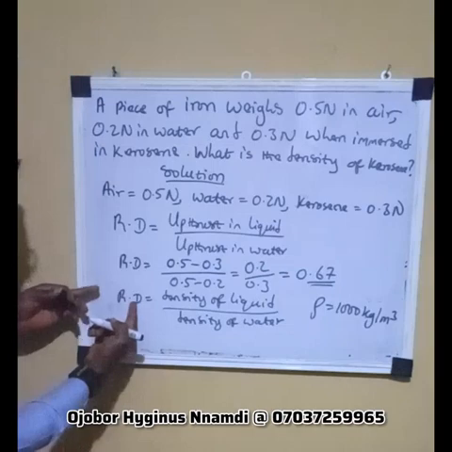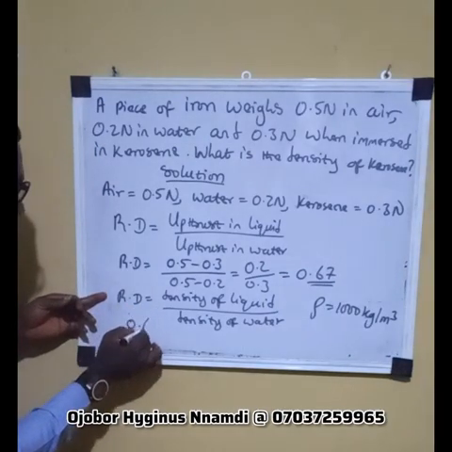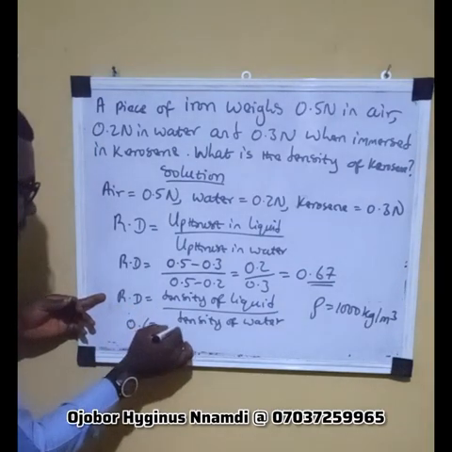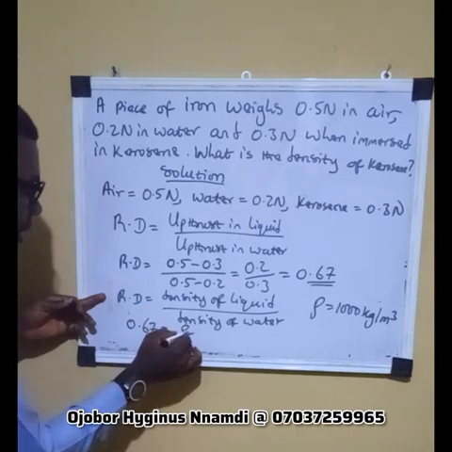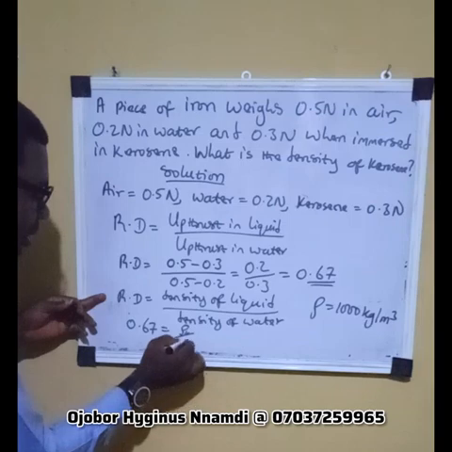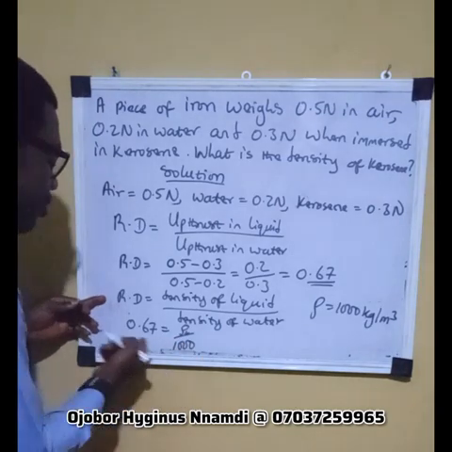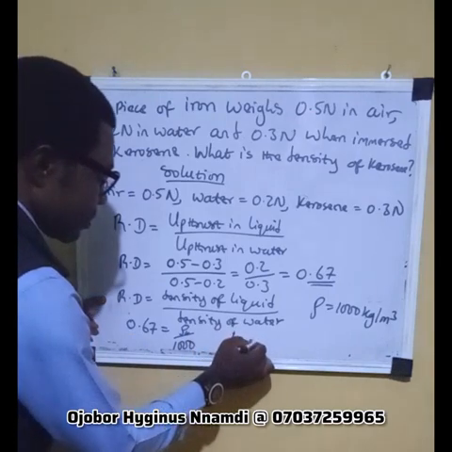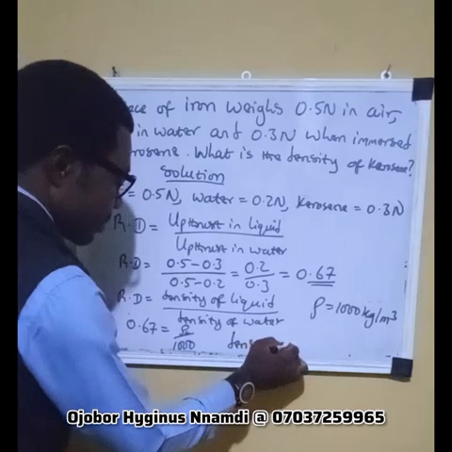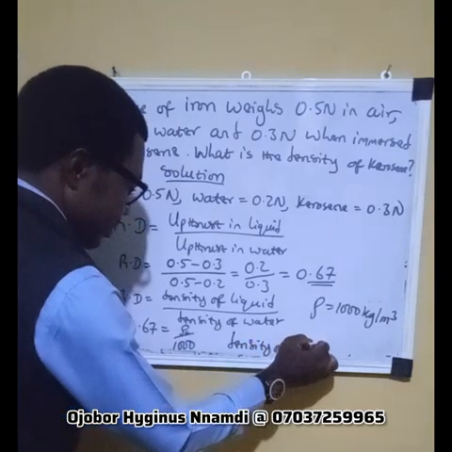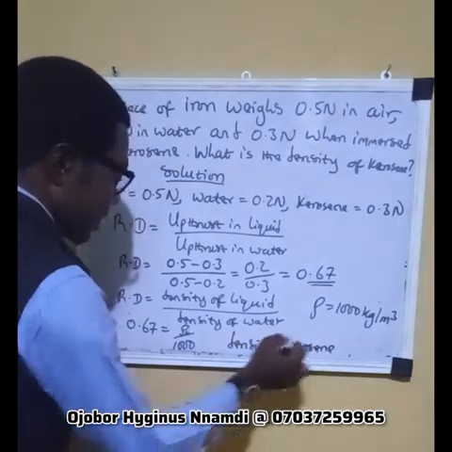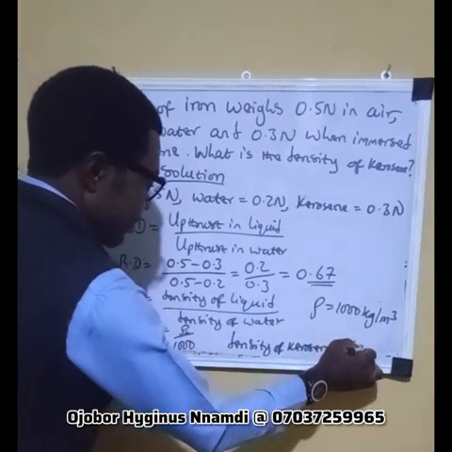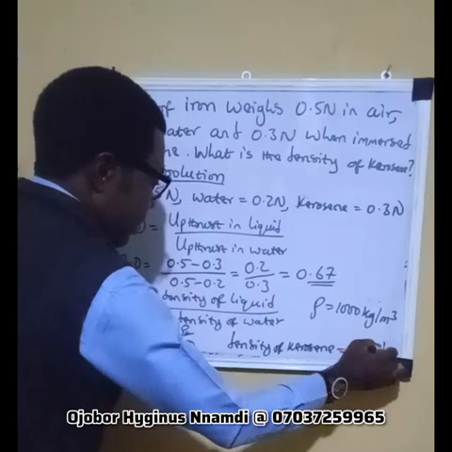So using that, and relative density is 0.67, we say 0.67 is equal to density of liquid over density of water, which is 1000 kilogram per meter cube. When you cross multiply, the density of kerosene, which is the liquid, will equal 0.67 times 1000, which is 670 kilogram per meter cube.